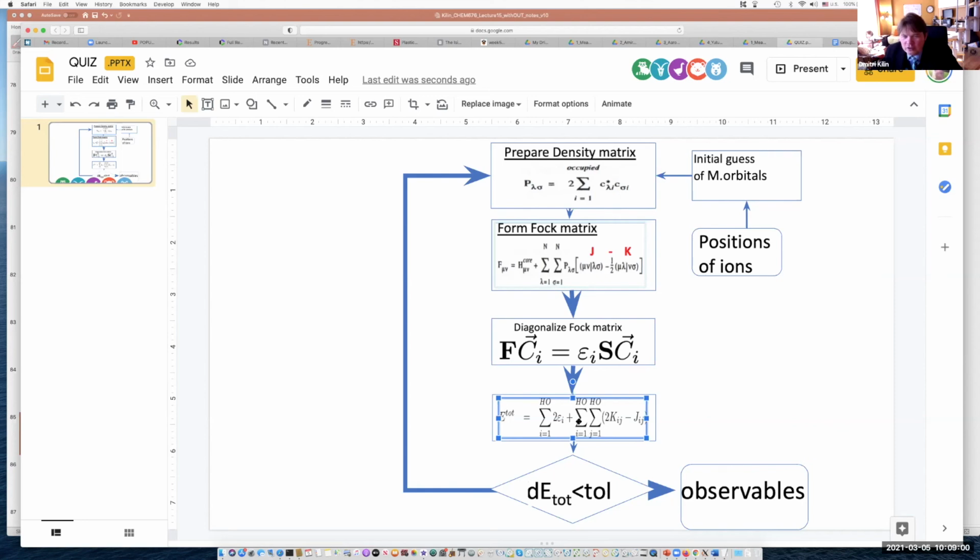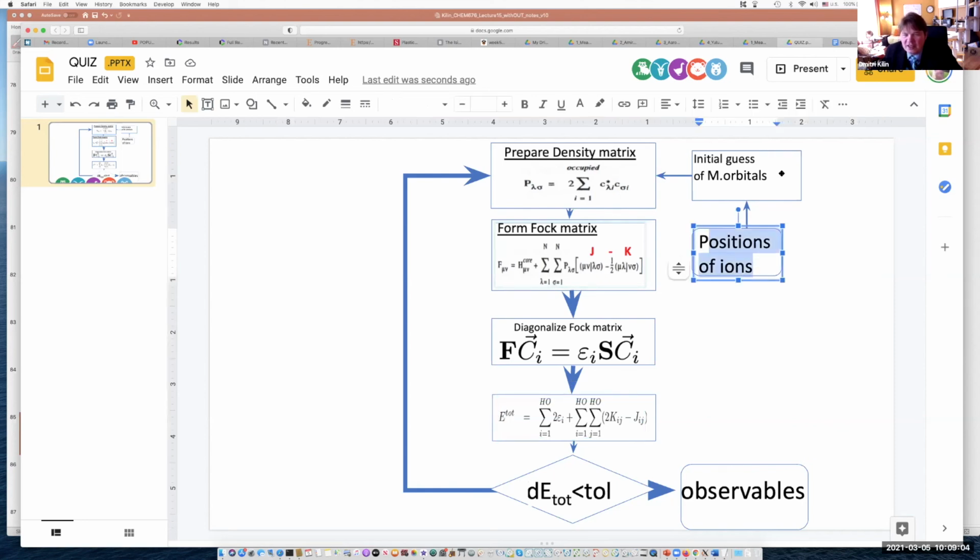In order to start this calculation, one of course needs to know positions of ions, and to produce this initial density matrix, one needs some initial guess of molecular orbitals: random numbers, or from a lower level calculation, or just assuming that... well, we will not discuss it right now, but the overall procedure is in some sense similar to finding a minimum on the potential energy surface.